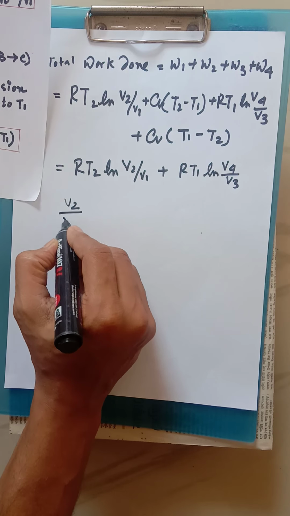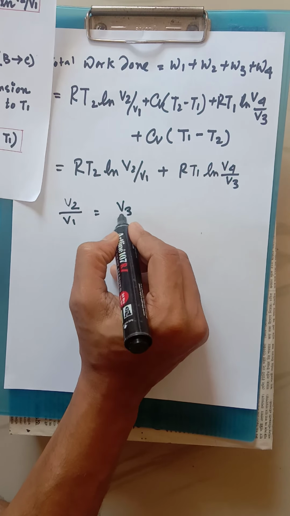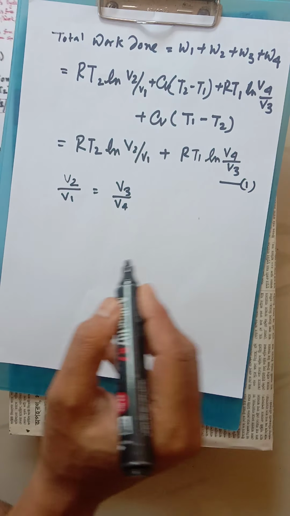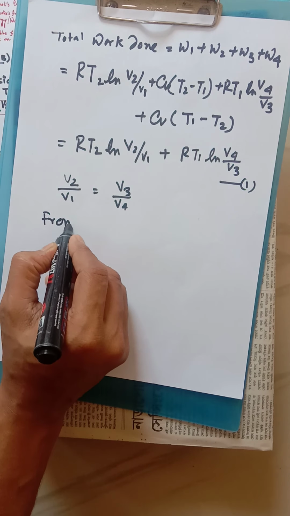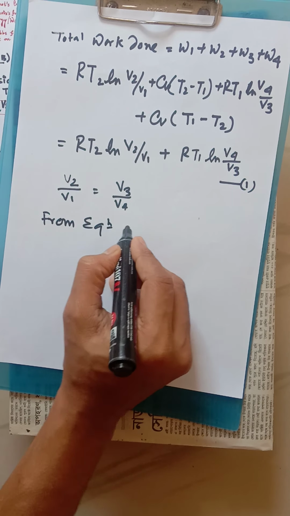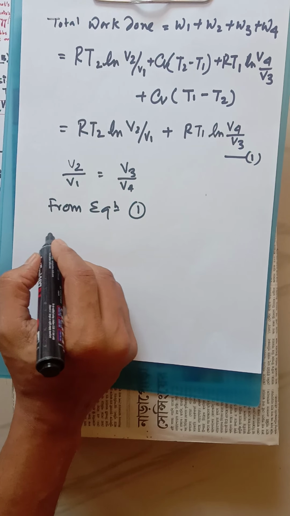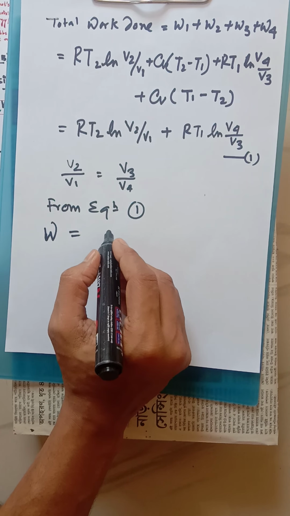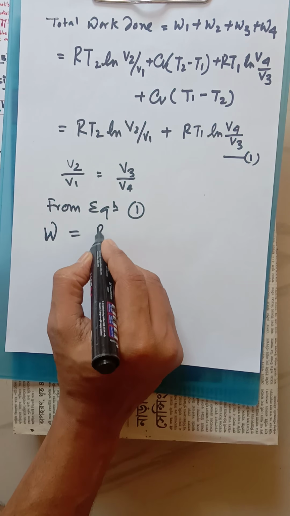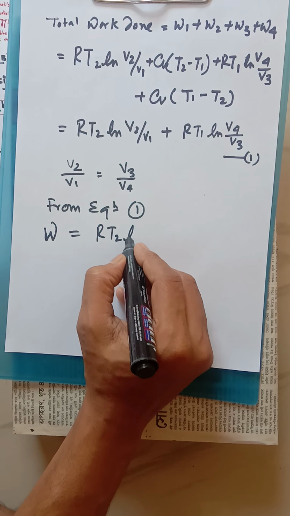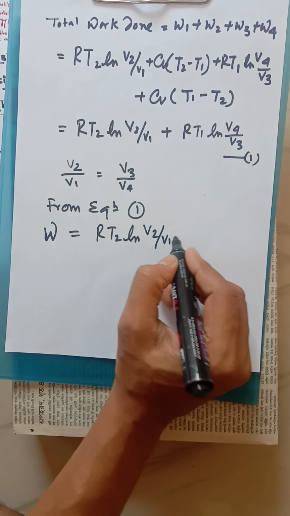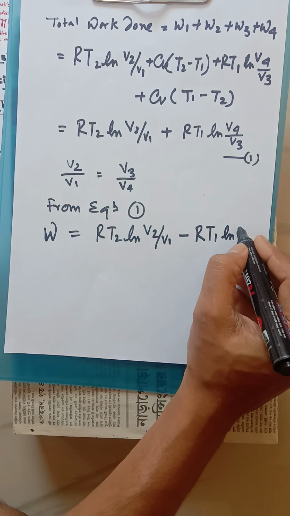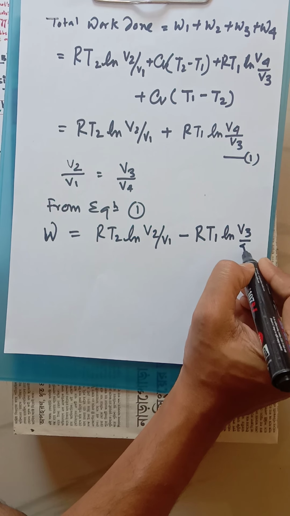V2 by V1 equals V3 by V4. Call this equation number 1. From equation 1 we can write the total work W equal to RT2 ln V2 by V1 minus RT1 ln V3 by V4.